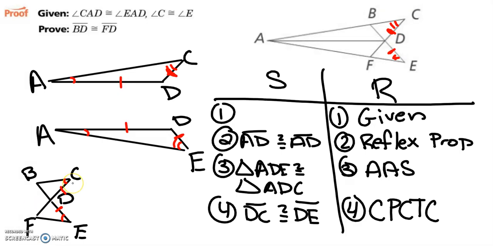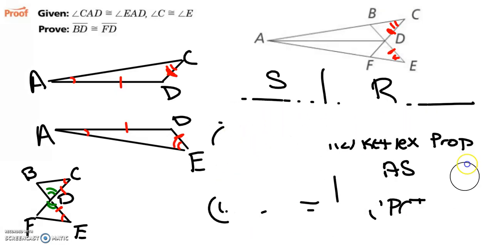Now I've got two triangles again that I can probably prove congruent if I can prove something right here in vertical angles. So I hope you copied this down because I'm going to erase this and restart.